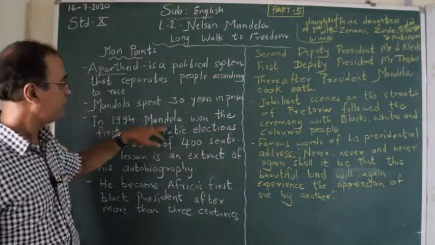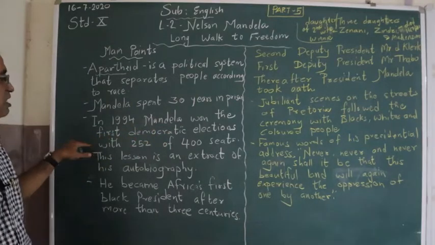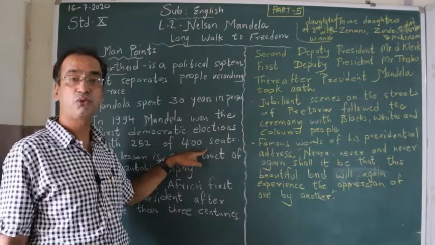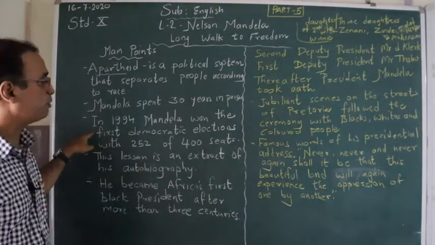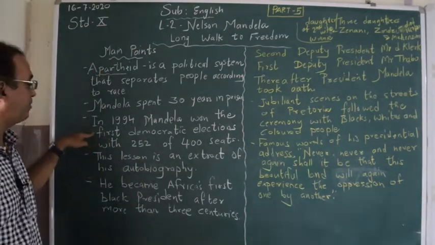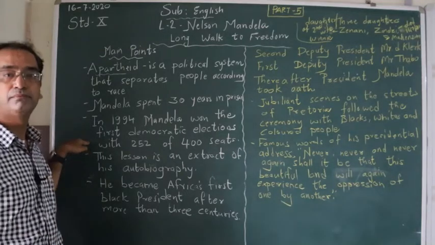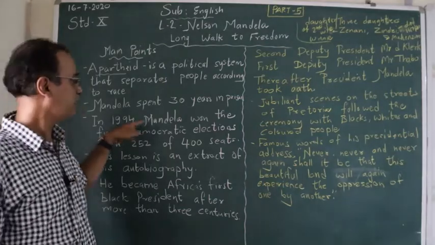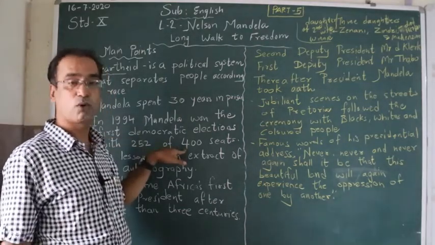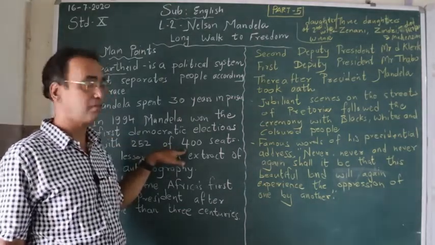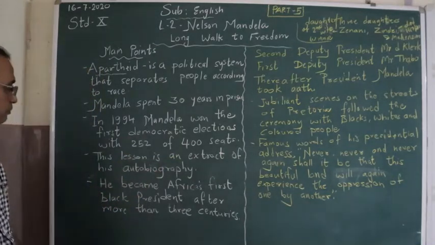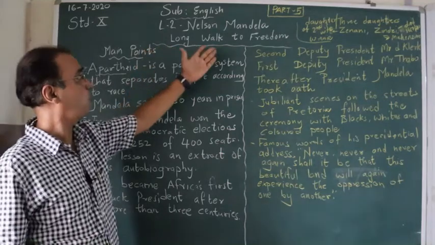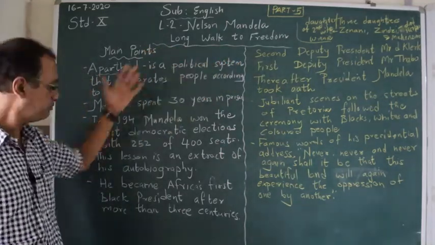In 1994, Mandela won the first democratic elections with 252 of 400 seats. In the history of Africa, it was the first time democratic elections were held, and they were won by Nelson Mandela with 252 of the 400 seats contested. This lesson is an extract from his autobiography, Long Walk to Freedom, which you also have to remember.